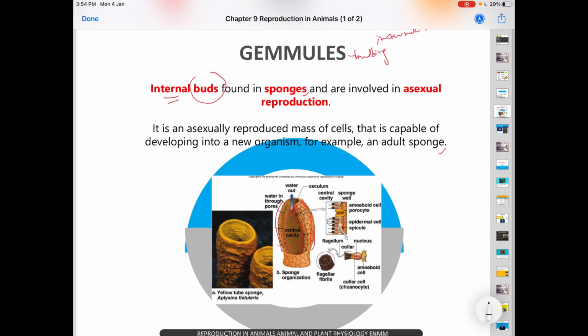So this is the bud or the offspring from this parent. This offspring later will develop into a new organism, an adult sponge. So this is also another type of budding, but it happens internally inside the parent, and we call it gemmules.